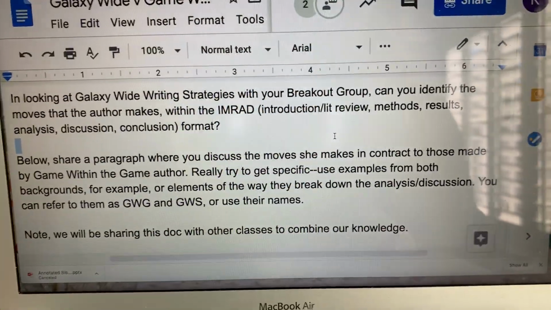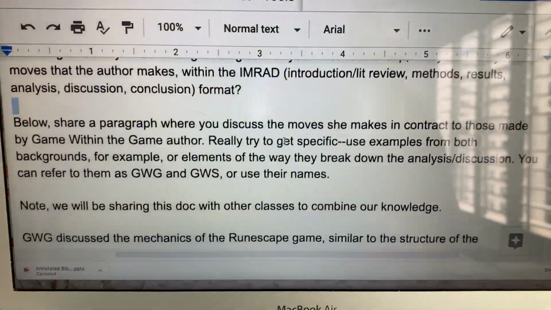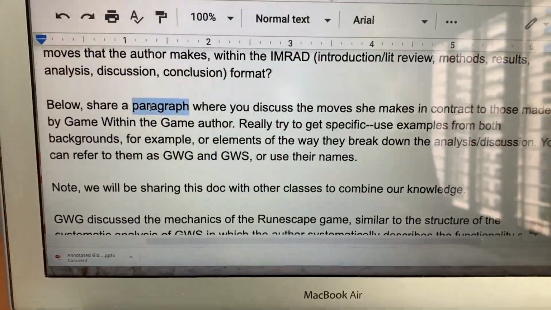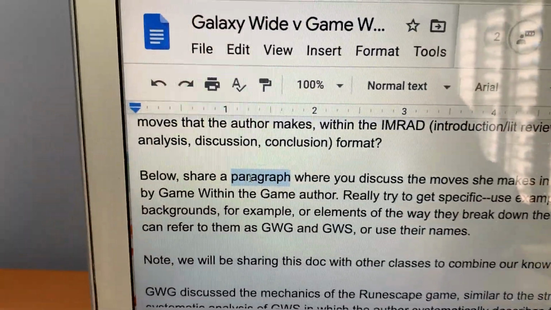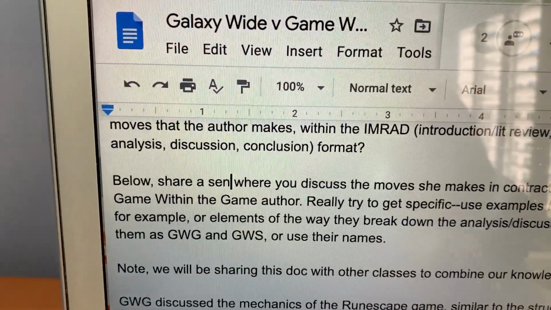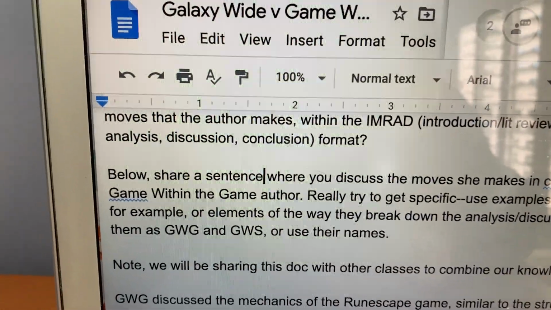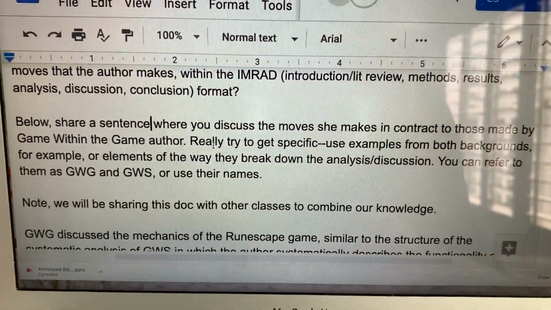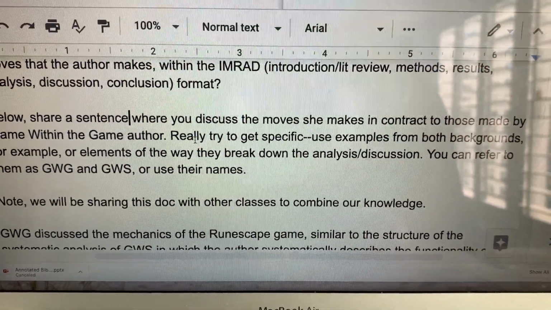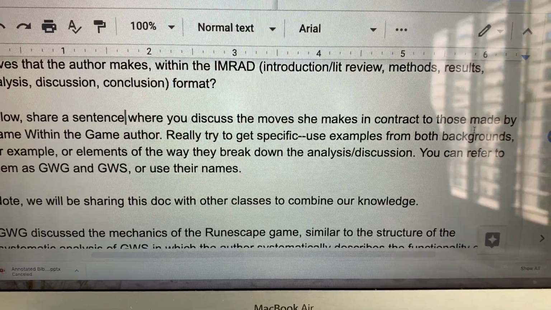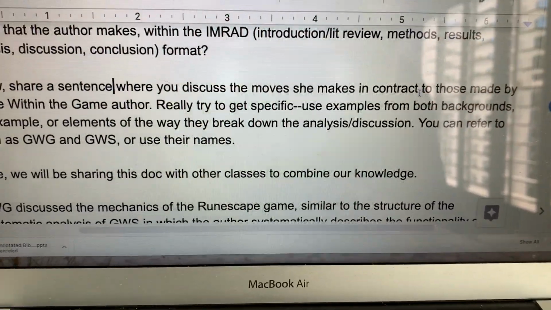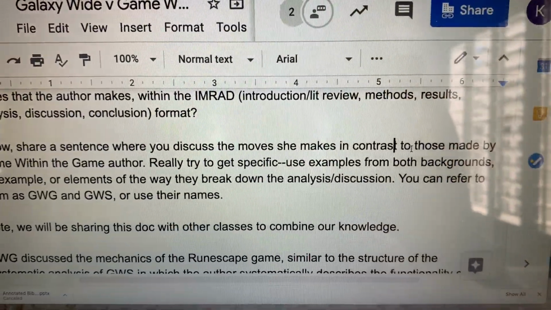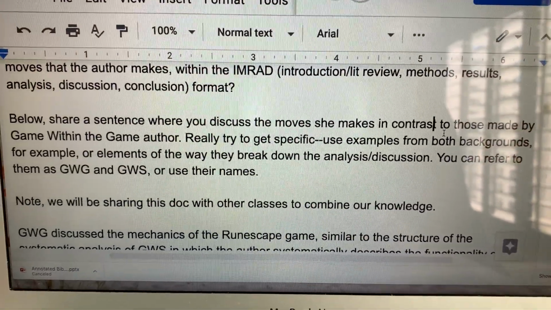How do these differ? So below, I'd like you to share, and I'm going to say not a paragraph, this was just for class today, but let's say a sentence for each of us where you discuss the move that our author in Galaxy Wide makes in contrast to those made in Game Within a Game.